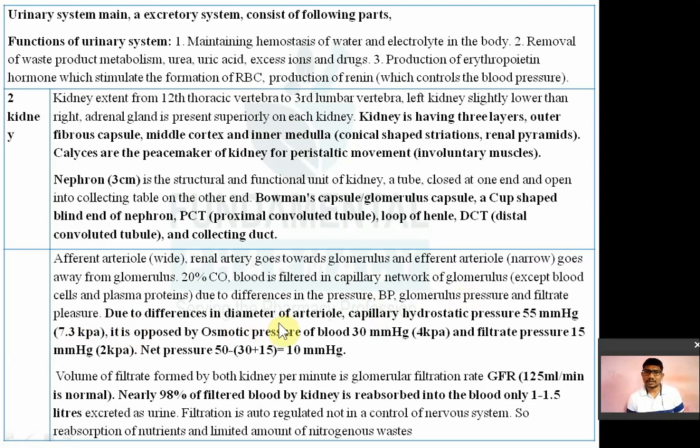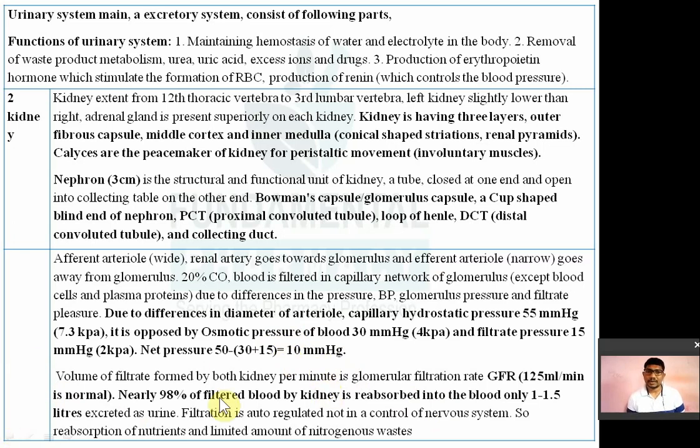Capillary hydrostatic pressure is around 55 mm of Hg, which is opposed by the osmotic pressure of blood, around 30 mm Hg, and the filtrate pressure is 15 mm Hg. So the net pressure at the glomerulus is 55 minus 30 minus 15, that is 10 mm Hg. This 10 mm Hg is the pressure responsible for ultrafiltration.